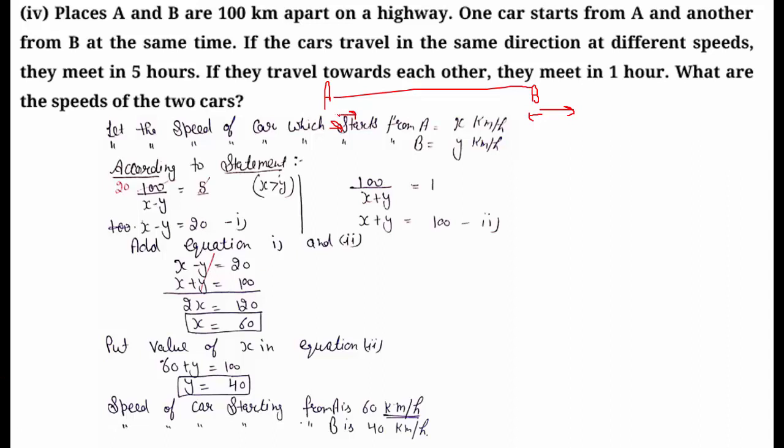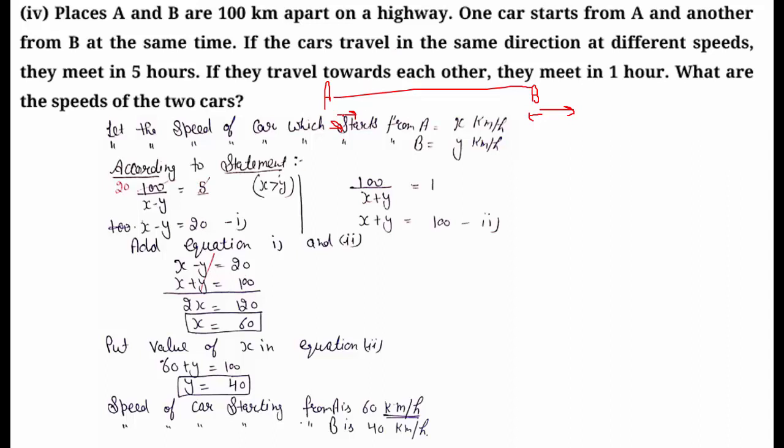It means if they travel in the same direction, their speeds get subtracted. So if x is greater than y, 100 divided by x minus y will be equal to time, because distance upon speed equals time, and time is given as 5. But if they travel in the opposite direction, their speeds get added.